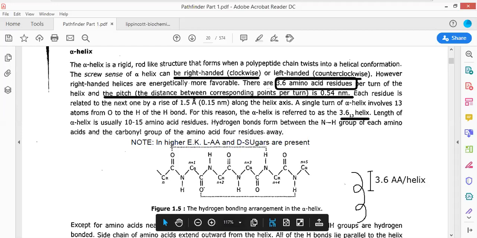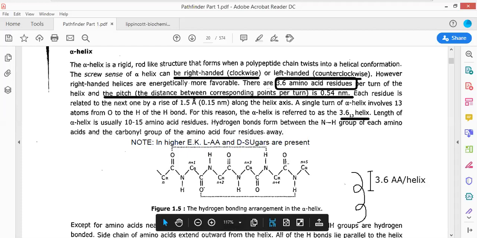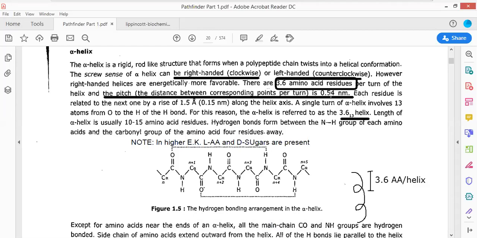So these are 13 atoms. If you are looking at the new Pathfinder, the author has clearly illustrated the number of atoms from 1 to 13. And because there are 13 atoms involved in the formation of the hydrogen bond, that is why the name is 3.6 13 alpha helix.